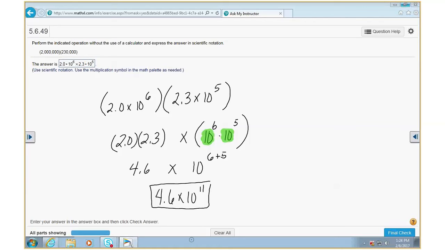Let's see, 3 will go into 11 3 times. So we want to say it's 460 billion. 1, 2, 3, 4, 5, 6, 7, 8, 9, 10, 11. Thousand, million, billion. 460 billion. That's all.